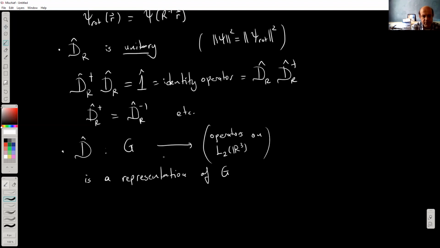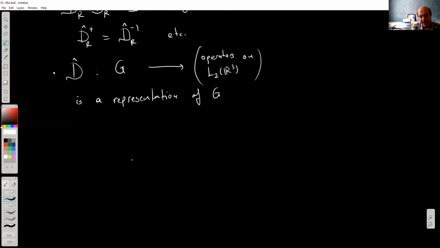Why? Well, I'll just consider two successive operations. I have a wave function in here, the wave function of my particle, let's say. First, I rotate by r, so I obtain a rotated wave function, the first rotated wave function.